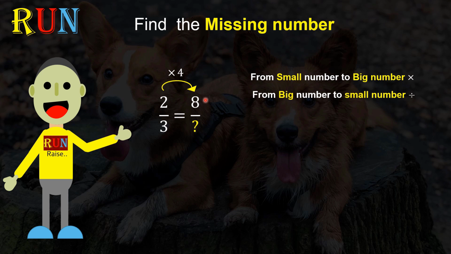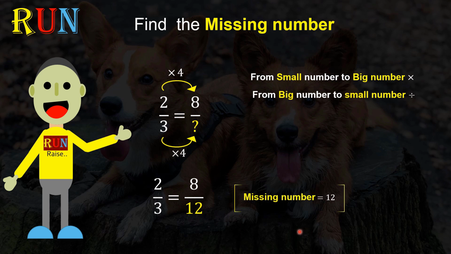And if it is true, that means 3 multiplied by the same number, which is 4, will give you your missing number. Just remember that whatever you do on top, you also do at the bottom. So what is 3 multiplied by 4? That is 12. And 12 is the missing number.